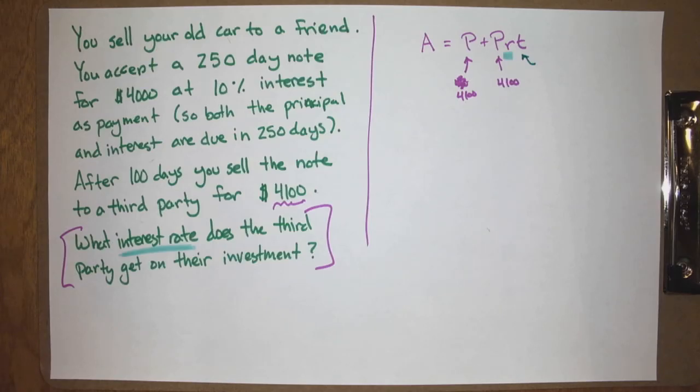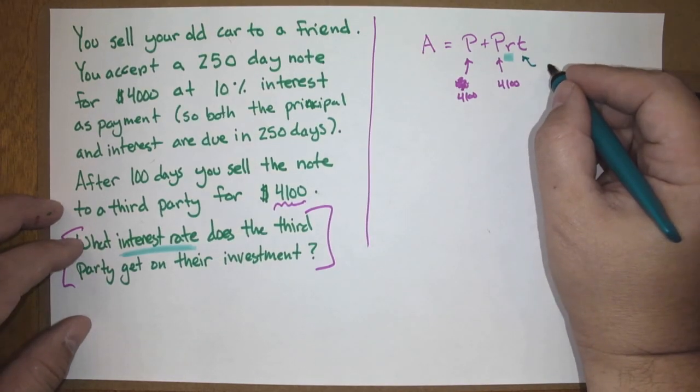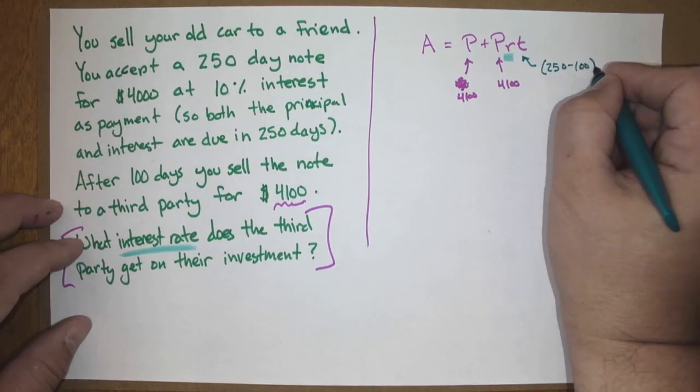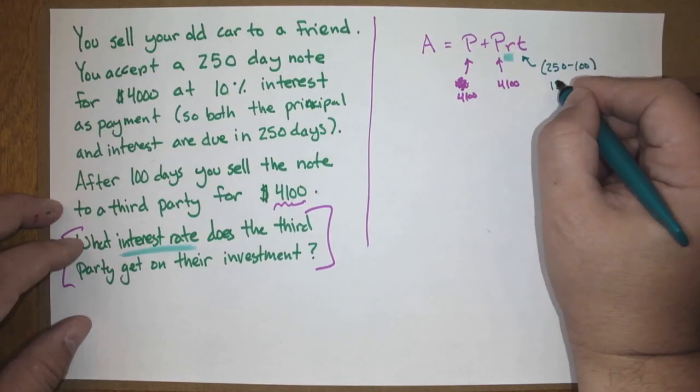Because it's not like the time resets. Because the person who's paying back the money pays it back at the end of 250 days. Who they pay the money to, it doesn't matter. It's still going to be at the end of their 250 days. So the time, we can think of this as 250 subtract 100, or 150.